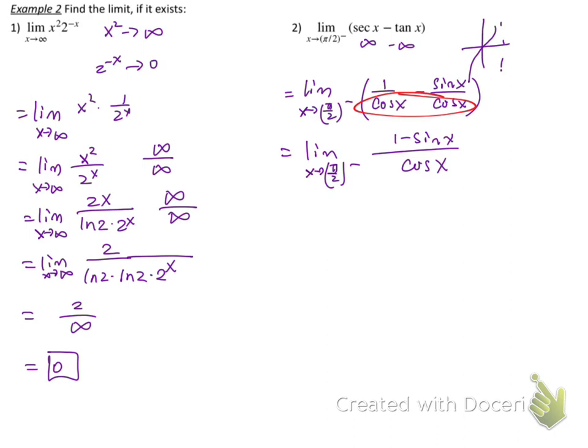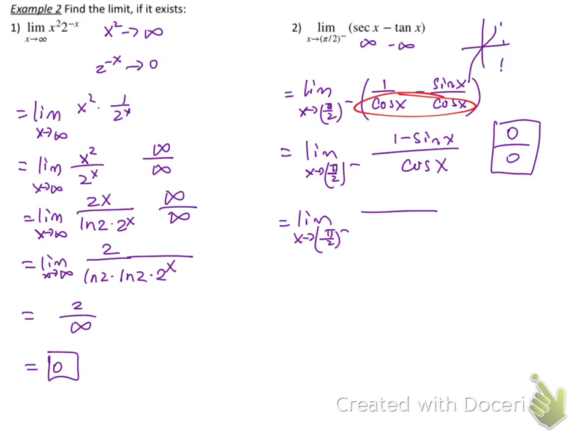At pi over 2, sine of 90 degrees is 1. 1 minus 1 is 0, and cosine at pi over 2 is 0; we talked about it. So we have a 0 over 0 situation, then we can differentiate, as x approaches pi over 2 from the negative side.